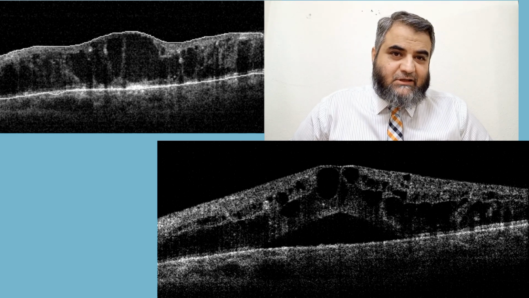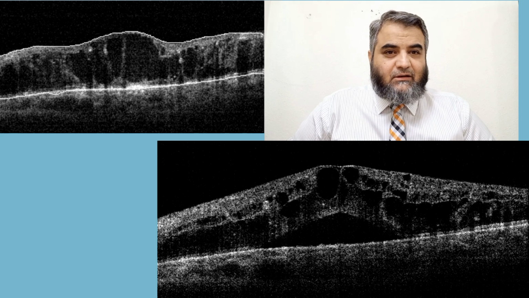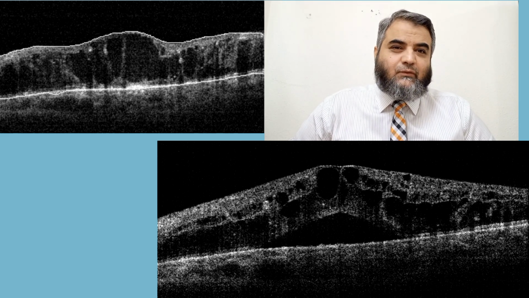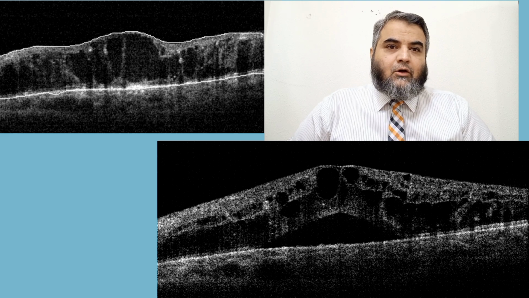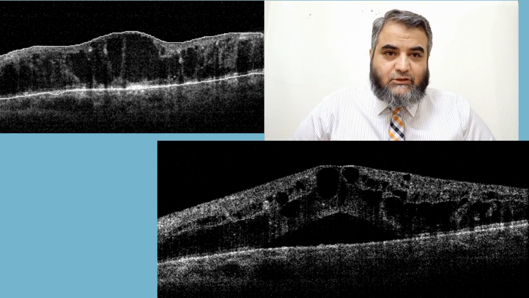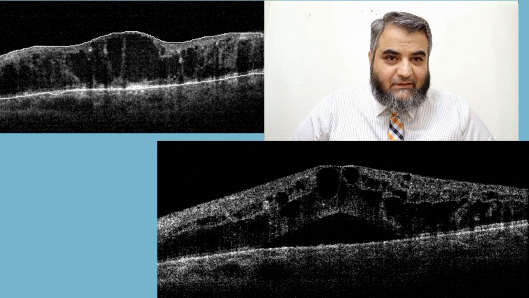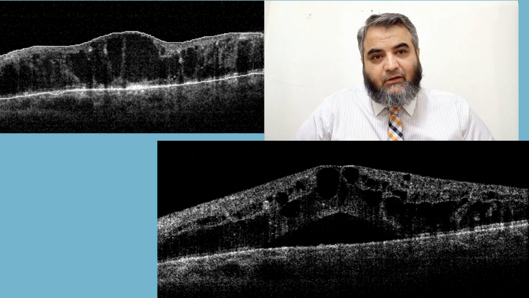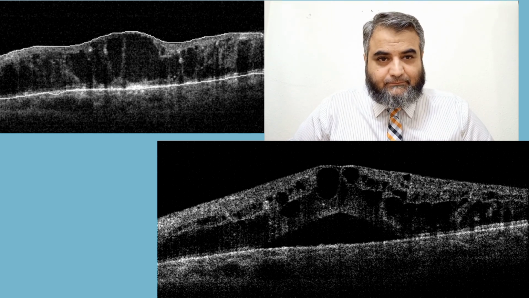The reason is that once we apply the lasers, the release of vascular endothelial growth factors is substantially decreased. While if we talk about prophylactic laser, there is no role, no proven studies to do it prophylactically. So that's why these patients need to be regularly monitored.